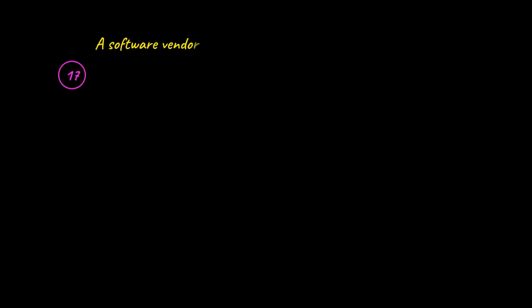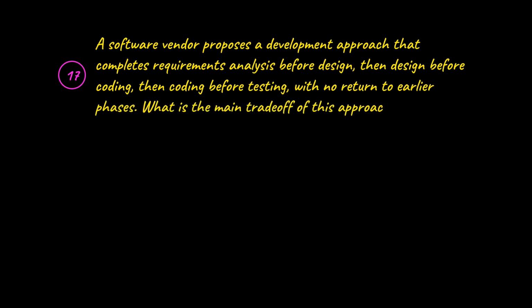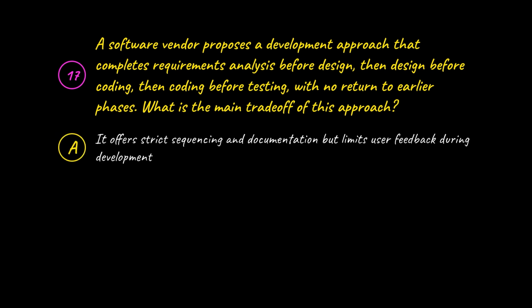Question 17. A software vendor proposes a development approach that completes requirements analysis before design, then design before coding, then coding before testing, with no return to earlier phases. What is the main trade-off of this approach? Your options are A. It offers strict sequencing and documentation but limits user feedback during development.